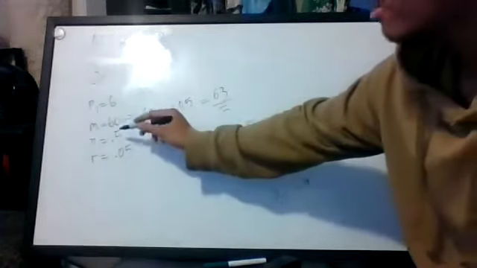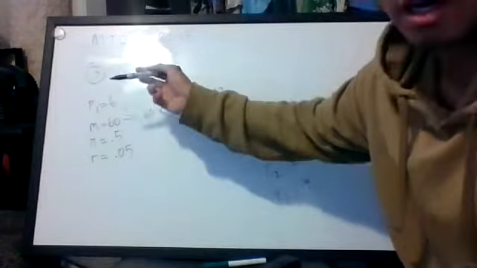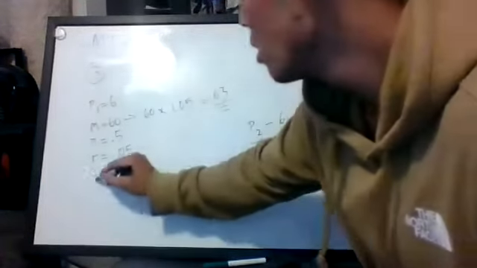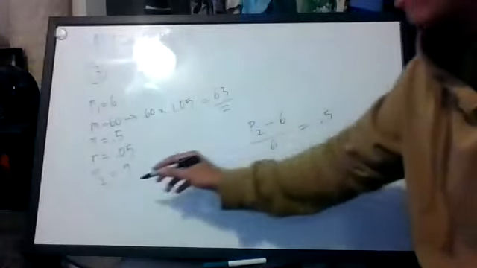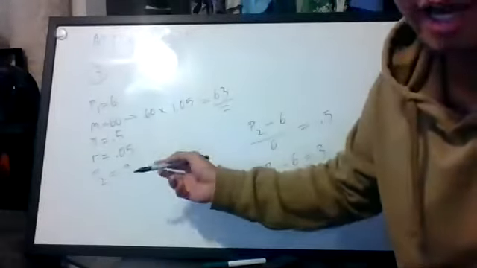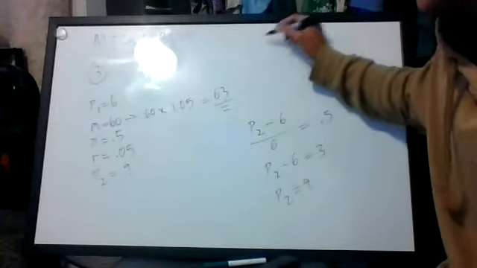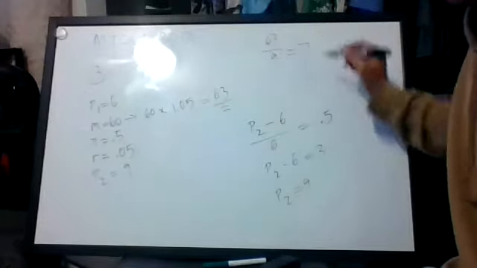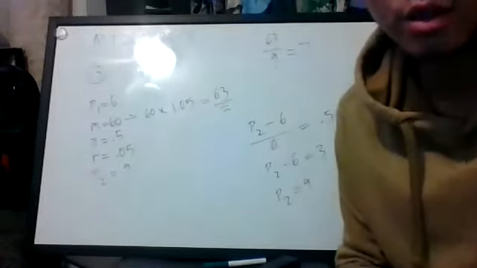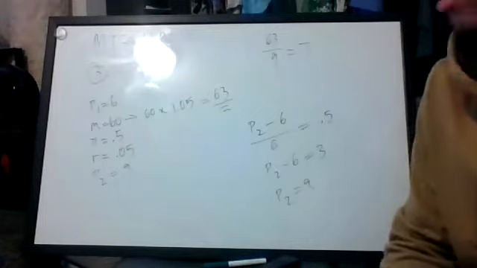So basically, if the inflation rate is 50%, a burger in period 2 will cost 9. And because we're only interested in how many hamburgers he can buy, he has $63 in period 2 and a burger costs $9, which is why he'll be able to afford seven hamburgers, right?